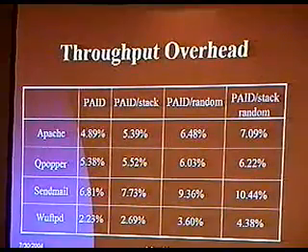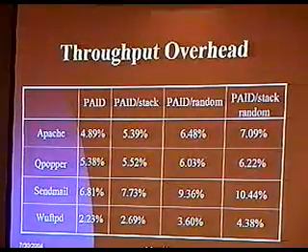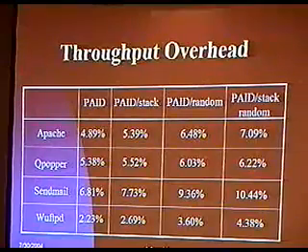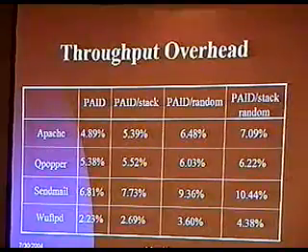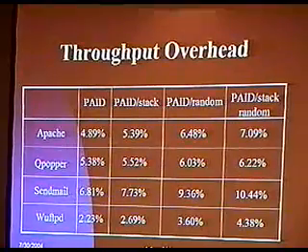We try four different configurations: the generic PAID, PAID with return address check, PAID with random insertion of notify, and PAID with both return address check and random insertion of notify. Everything seems to be just fine. The throughput overhead is under 11% for all cases, so it should be okay.